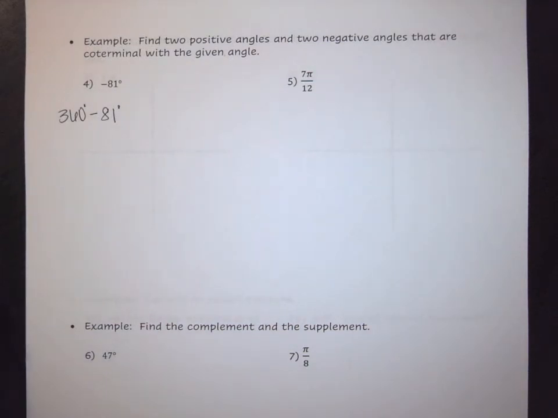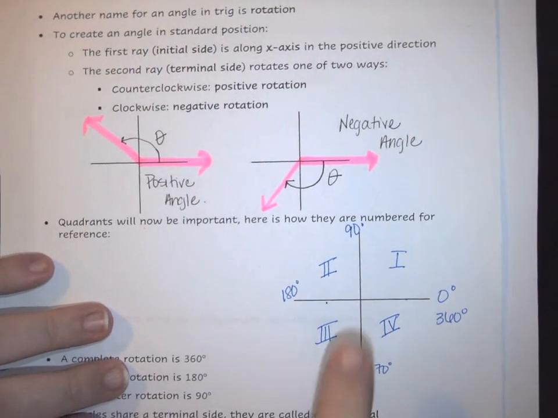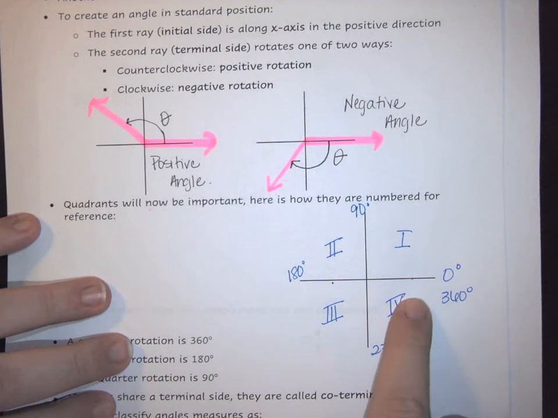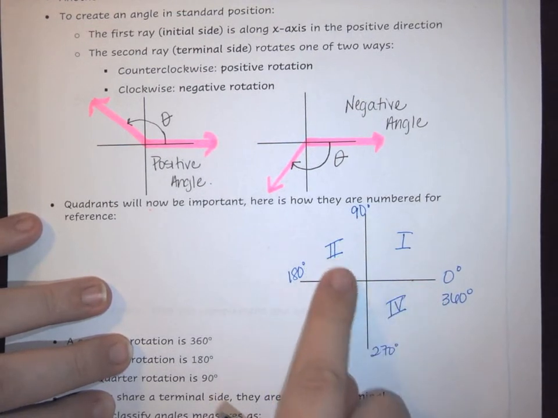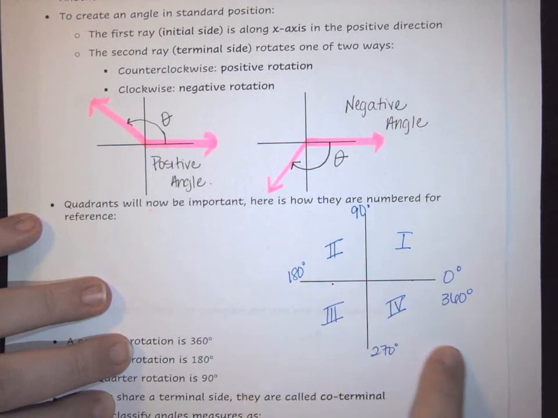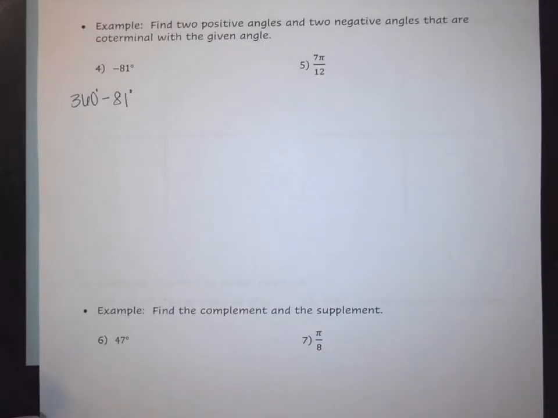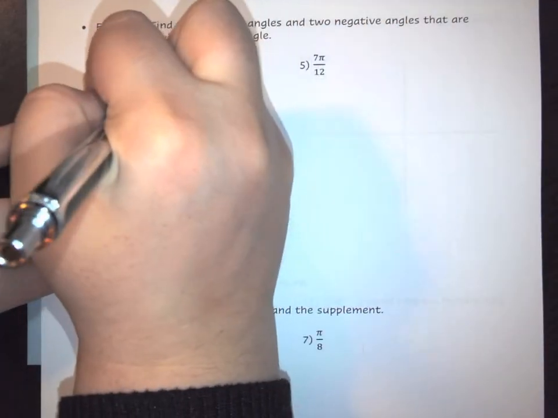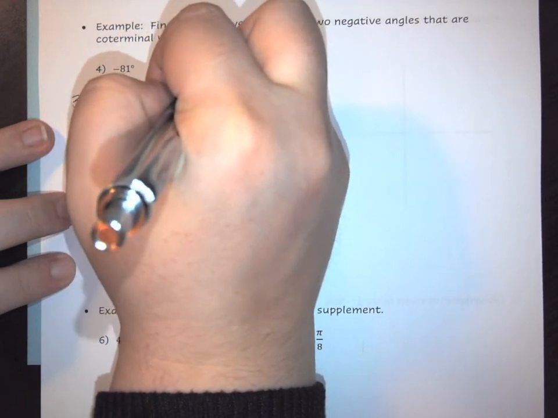Again, remember, it's going to give us the illusion that we've started here at 360 and we're moving that negative 81 degrees down in this direction. And we want to figure out what this actually is had we rotated positive. So in doing that, we would come to find out that this is the same as 279 degrees.